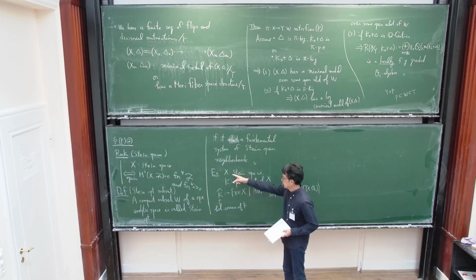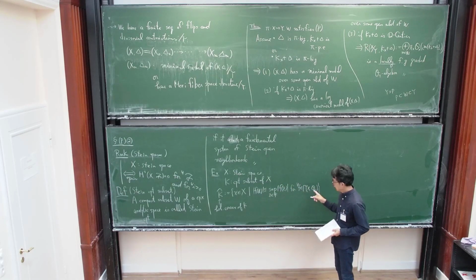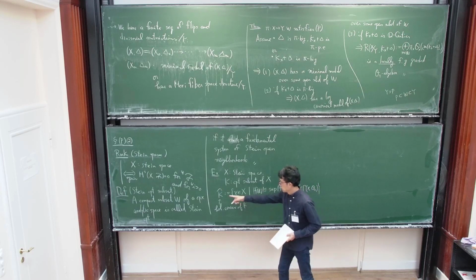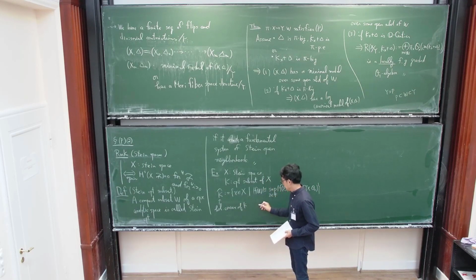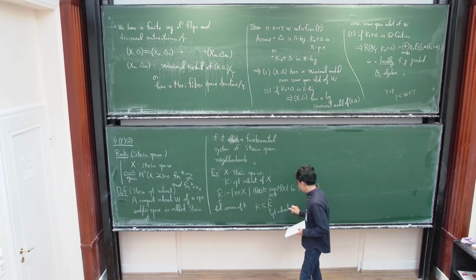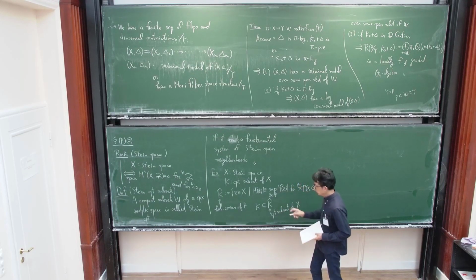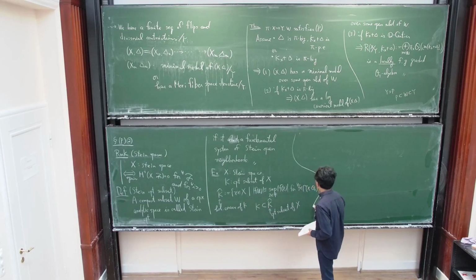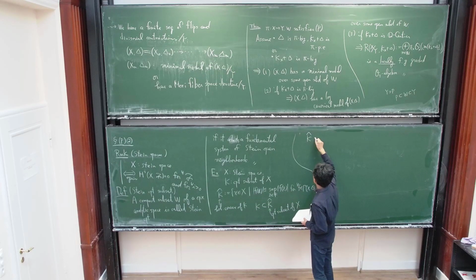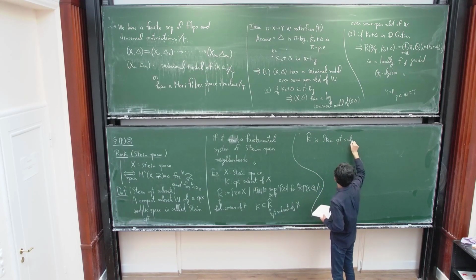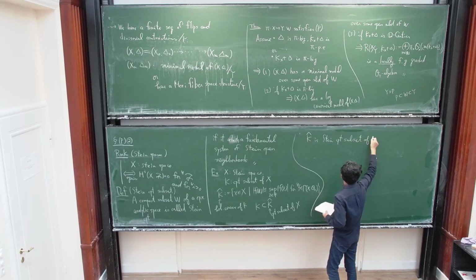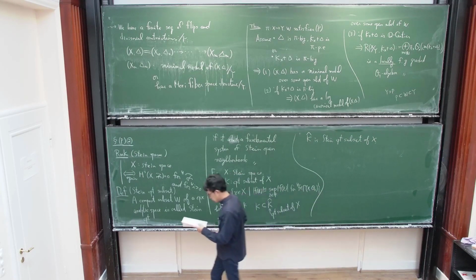Since X is a Stein space, there are many holomorphic functions. K is obviously contained in K hat, and this is a compact subset of X. And we can easily say K hat is a Stein compact subset. So we can construct many Stein compact subsets.